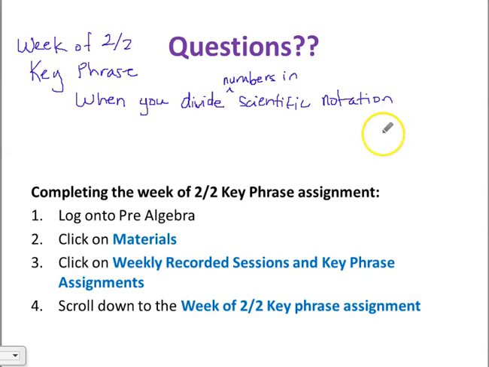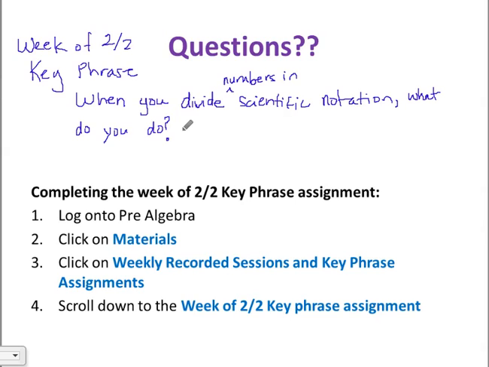So what I'm writing here is, when you divide numbers in scientific notation, what do you do? So explain to me how you divide numbers that are written in scientific notation.